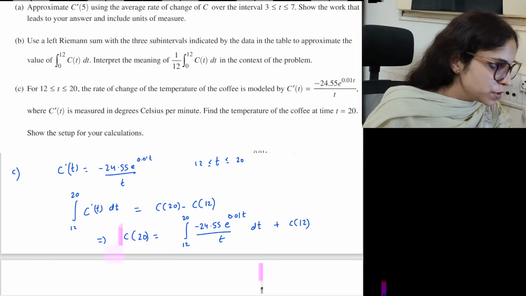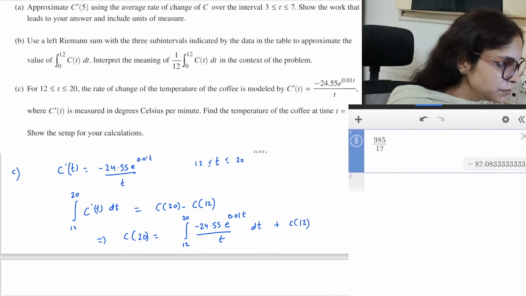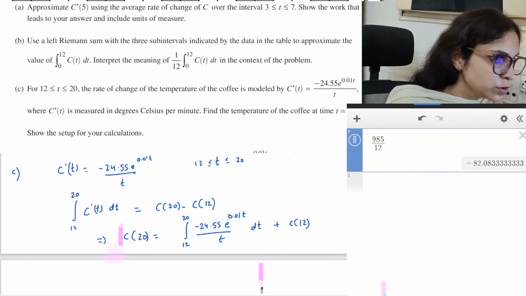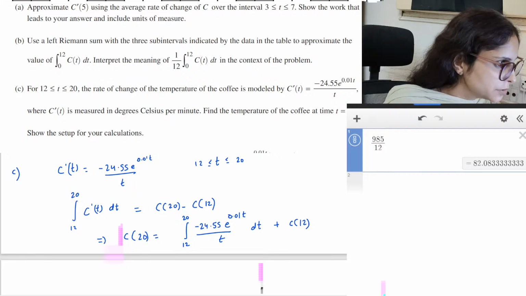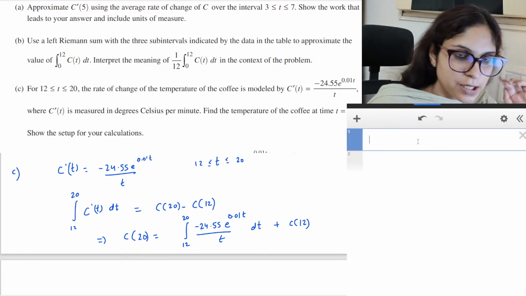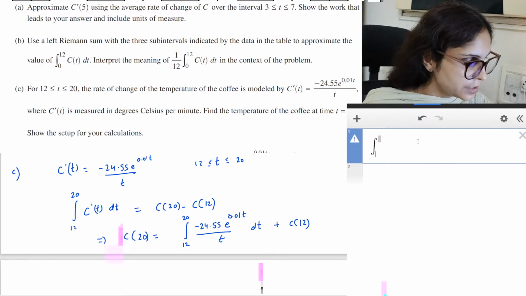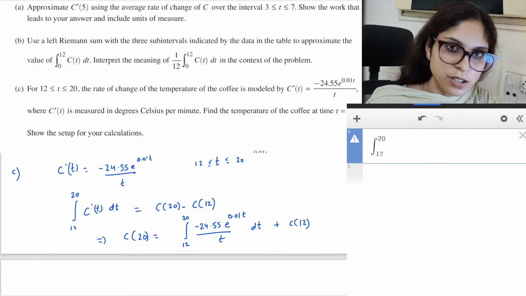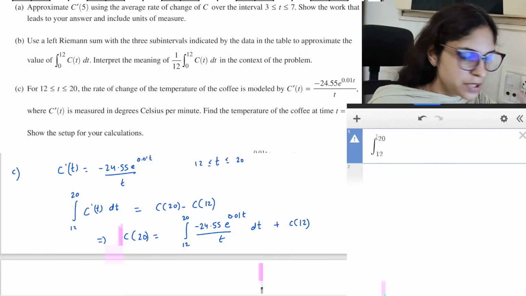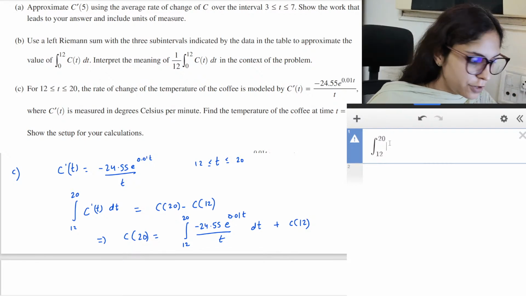So now I'm going to use Desmos again. And this time, we have to do this integration. For integration in Desmos, we just type int and you will get the integration sign. We will write 12 here and 20 here, because we have to give the limits. And now over here, we will type the function.